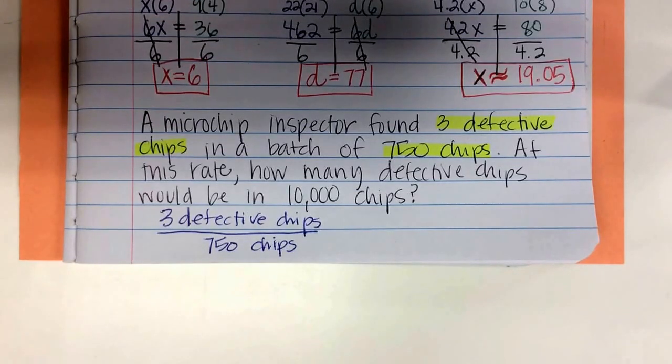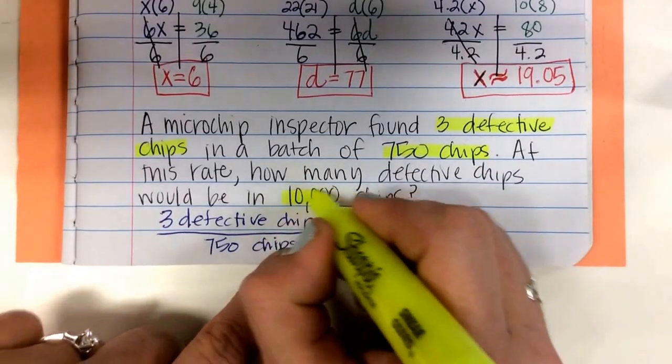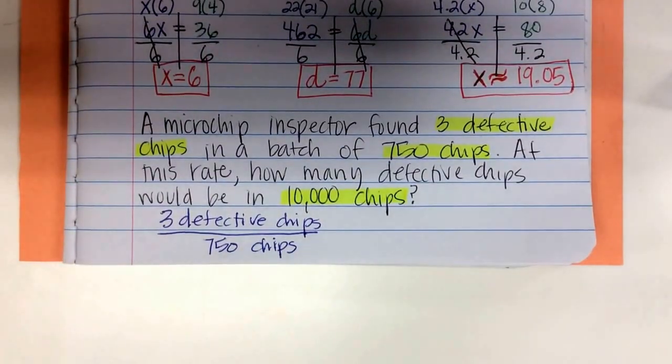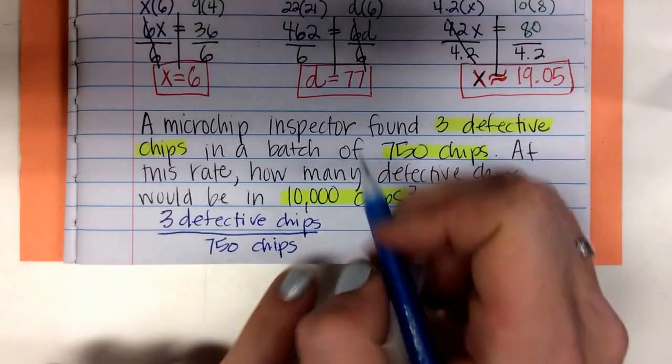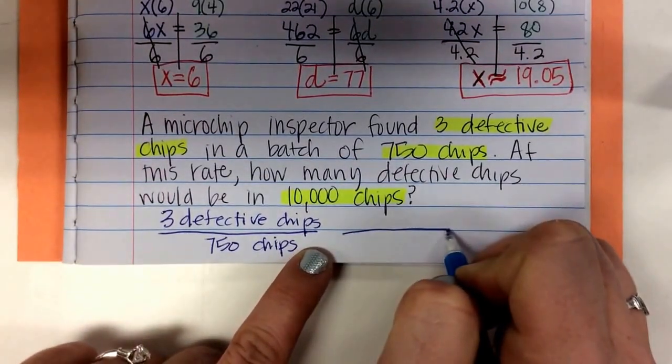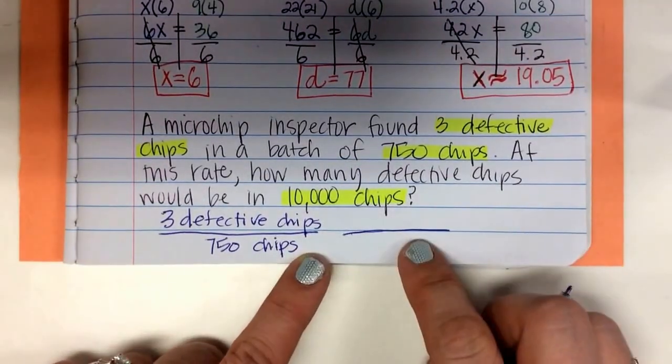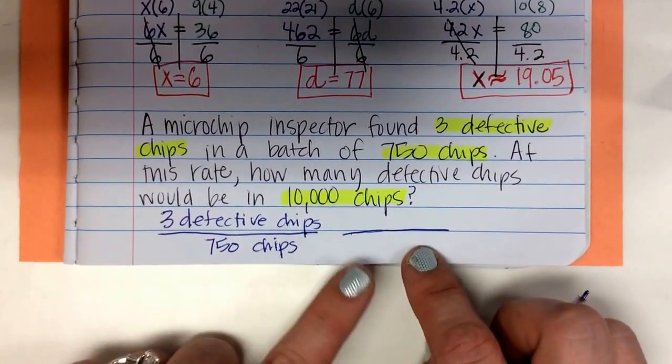But there's a third number in our story problem. What's my third number in my story problem? Where do you think 10,000 chips is going to go? If I'm making a proportion, where do you think?